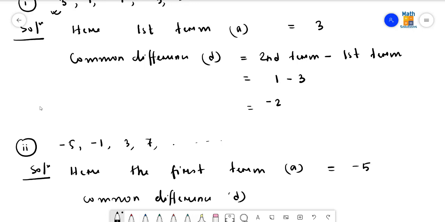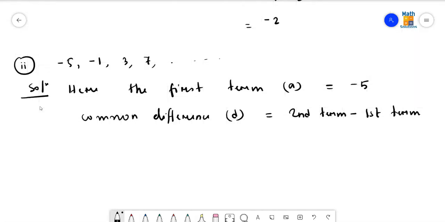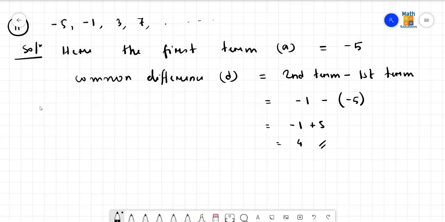Common difference D will be equal to second term minus, of course, the first term. And what answer do I get here? Second term is minus 1 minus first term I get as minus 5. So what answer do I receive here? Of course it is 4. So this is the answer of the second question.